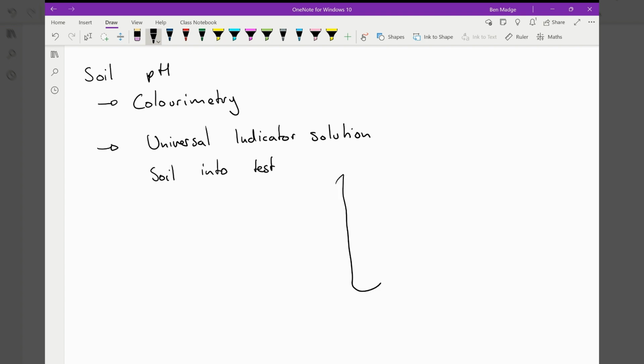So here's our test tube. Put soil in, and then we add some water to it of a known volume.